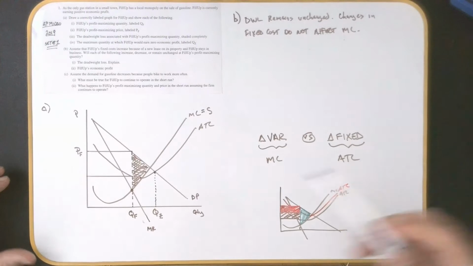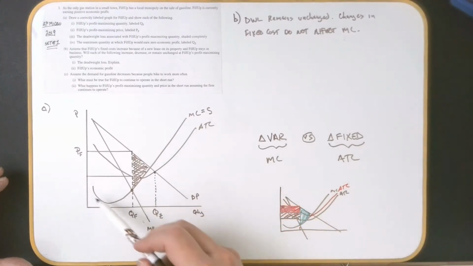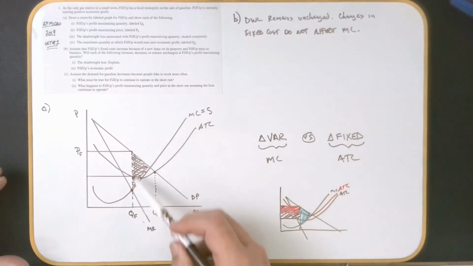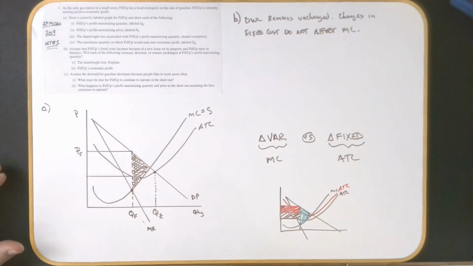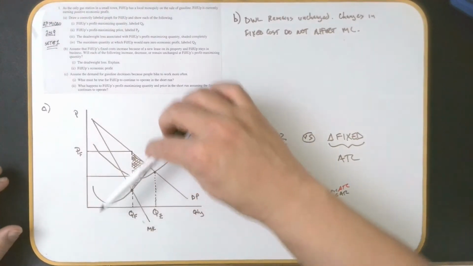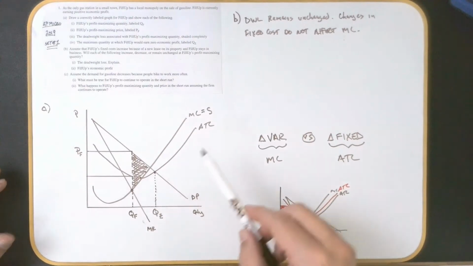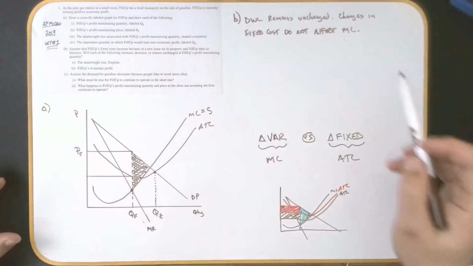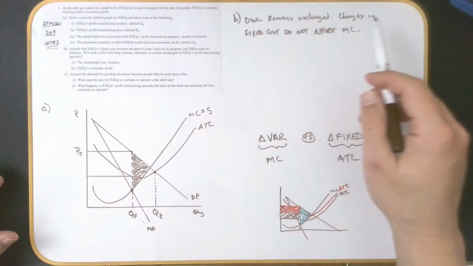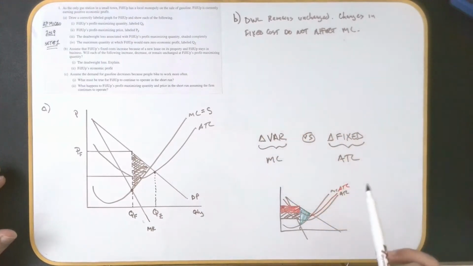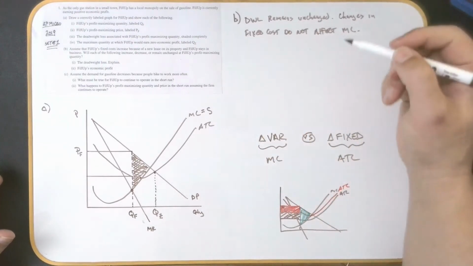And the reason why that's important is marginal cost is one of the sides of the deadweight loss triangle. So you're pointing out that if marginal cost was changing, that's a side to the triangle. ATC doesn't even make a side to the triangle. So deadweight loss remains unchanged. Changes in fixed cost do not affect marginal cost. And that's what they're wanting you to point out.